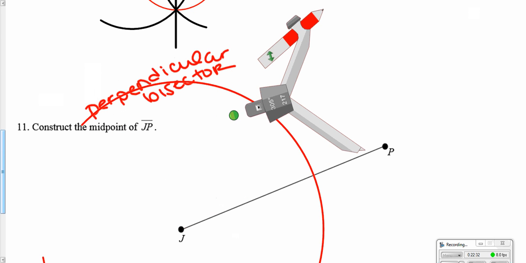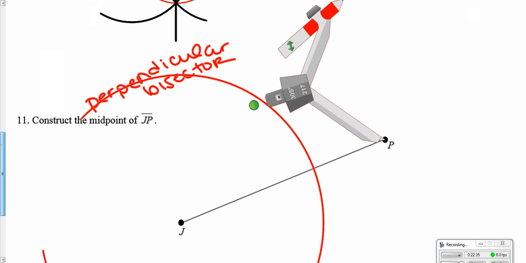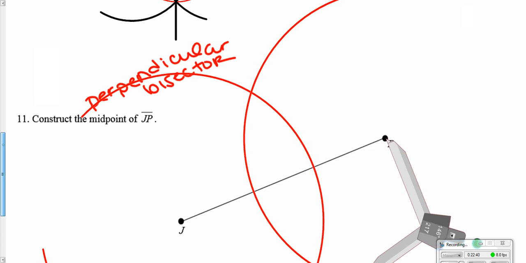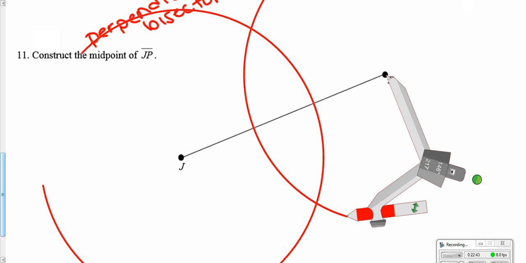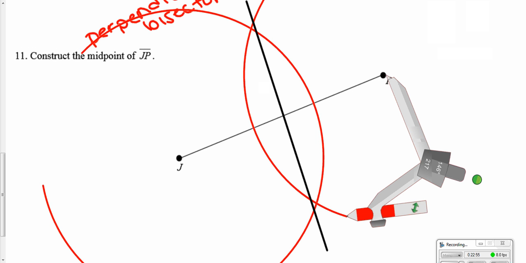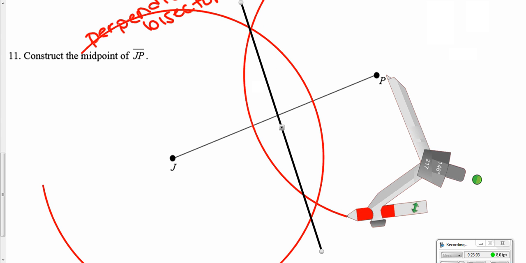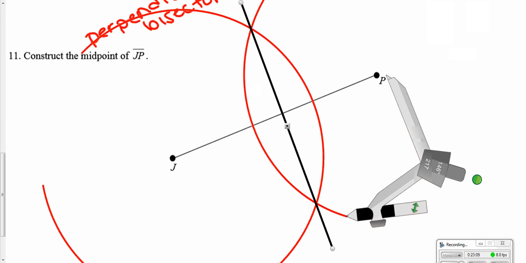Then I drag it over to point P. Draw my other arc. This one I'm going to have to be careful. Make sure you are using the ruler. There's our perpendicular bisector. So here's our midpoint. That's the midpoint right there.